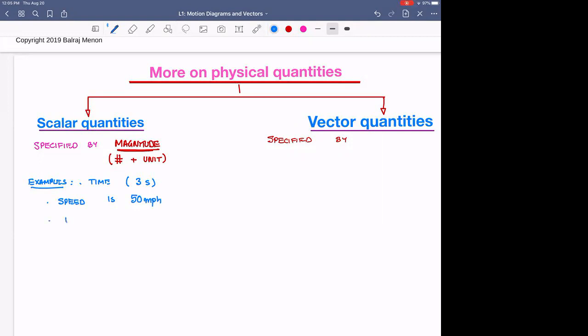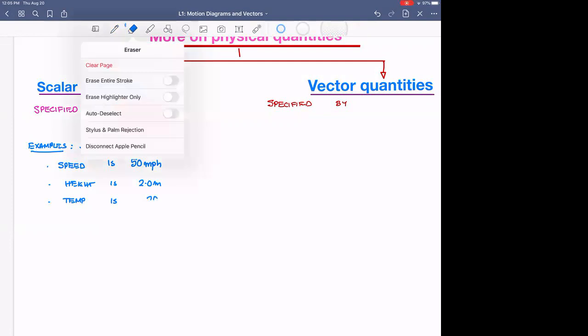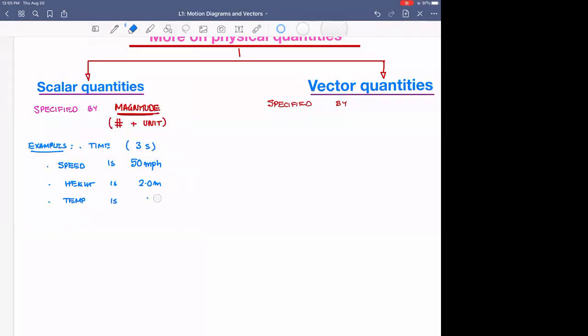You can say a person's height is 2 meters, again a scalar quantity, or the outside temperature is 70 degrees Fahrenheit.